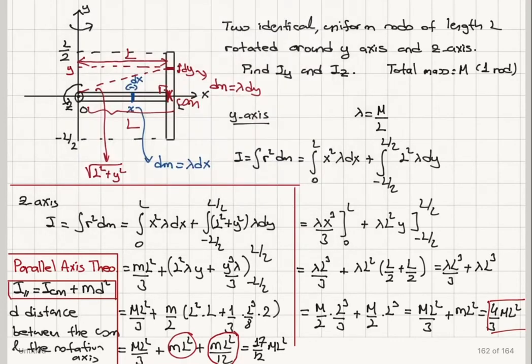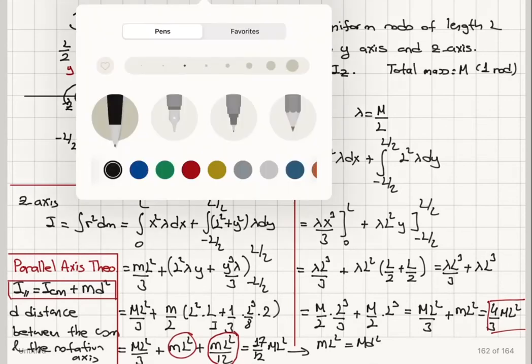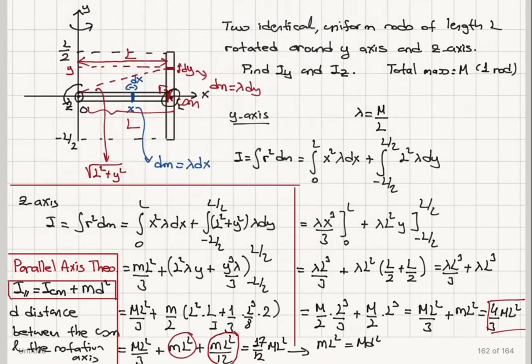Once again, I know the moment of inertia with respect to the center of mass, that is this one. So let me clarify it here. So I have ml squared, that is md squared. So imagine that you have an axis of rotation that goes through the center of mass. So these two rotation axes are parallel to each other. This is perpendicular to the page. So I can use the parallel axis theorem.